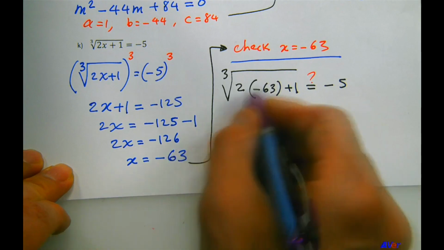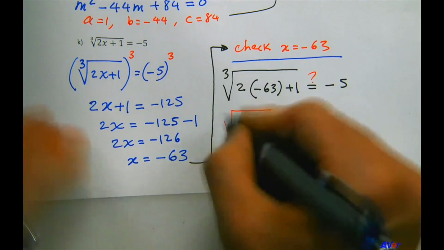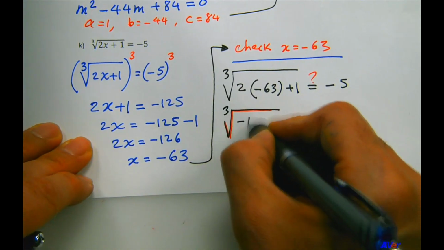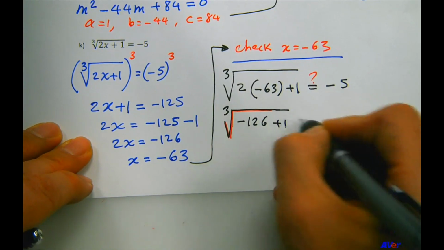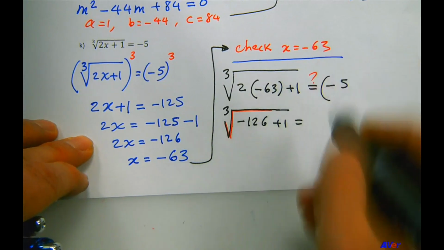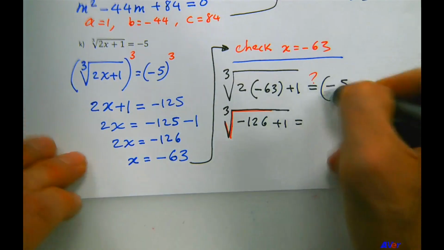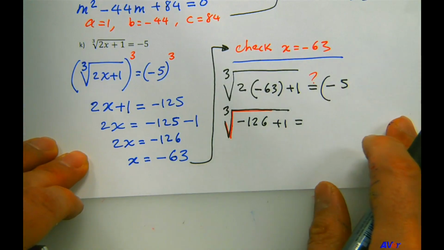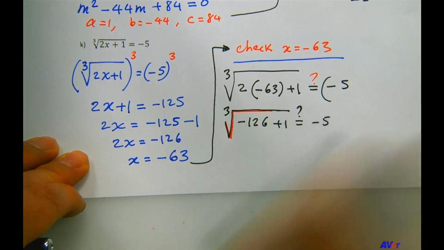Okay, so we have the 126 again. So third root, oops, let me change this color. So third root of minus 126 plus 1. Okay, that parenthesis shouldn't be there. I will clean this up before posting it on Canvas. So we ask, is that equal to negative 5?